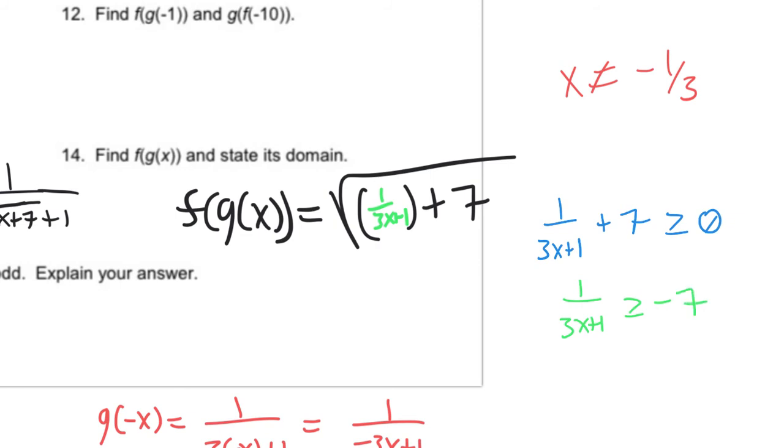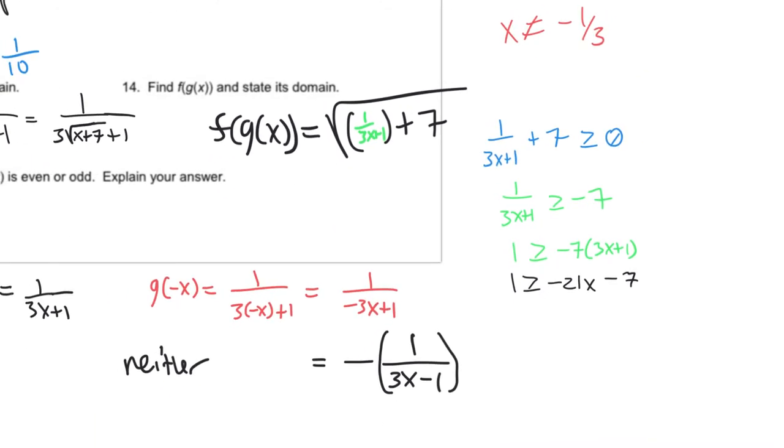At that point, a couple different things we could do. I'm going to multiply both sides by 3x plus 1. And that would become negative 7 times 3x plus 1. And then we would end up with 1 is greater than or equal to negative 21x minus 7.